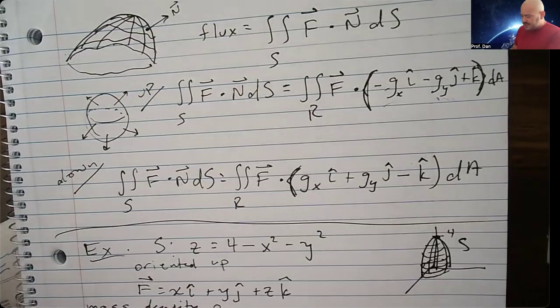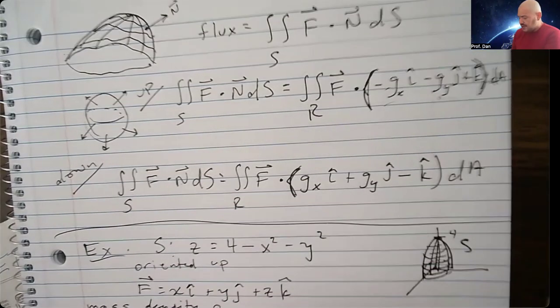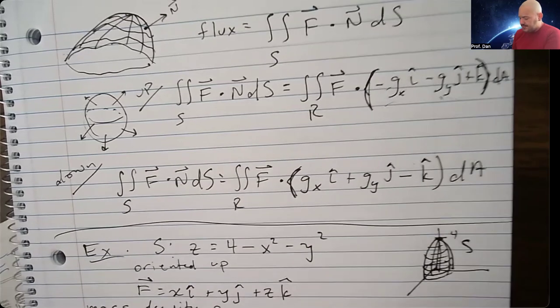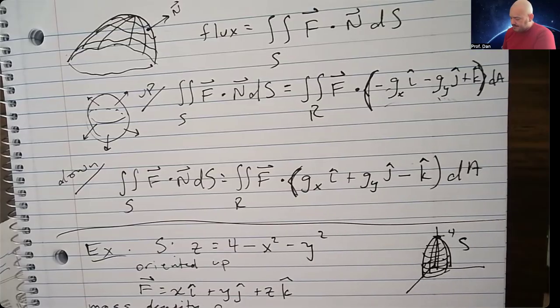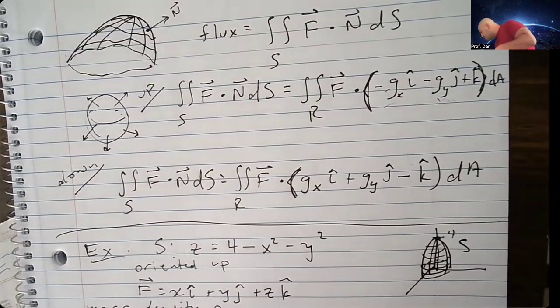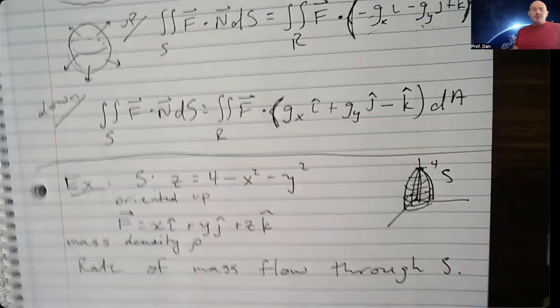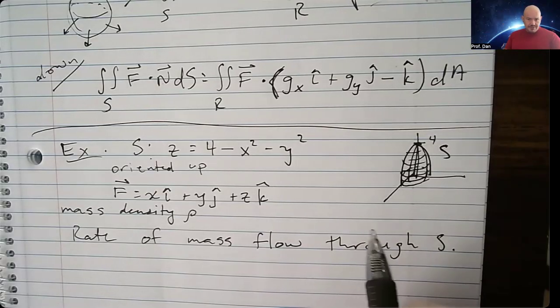Specifically, it's asking us to find the rate of mass flow through the surface S. So that's what we're given. This is the question that we're answering.